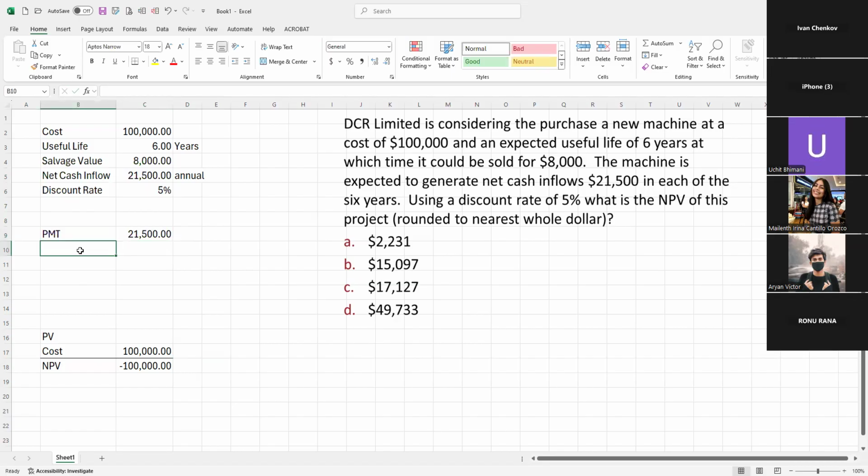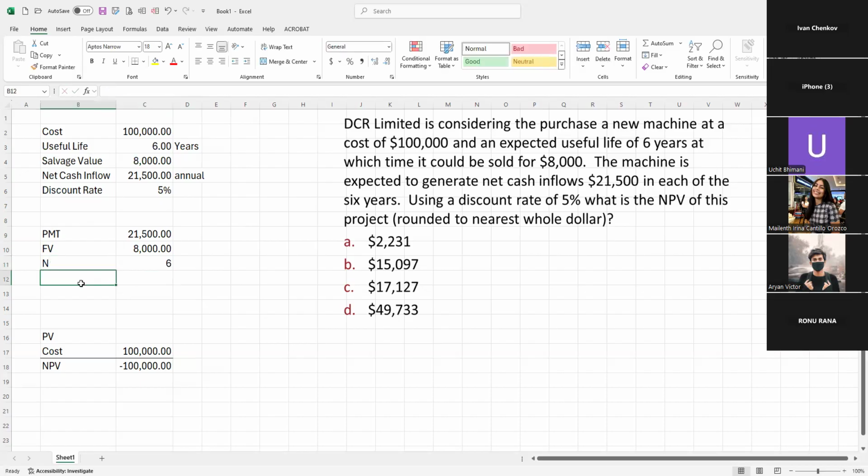Next thing we have to do is figure out, is there any future value? Is there any money that we're going to get at the end of year 6? Since there's a salvage value, that will be our future value. Then we have to see how many periods we're going to get this 21,500. 6 years, that means 6 periods, so our N is going to be 6.